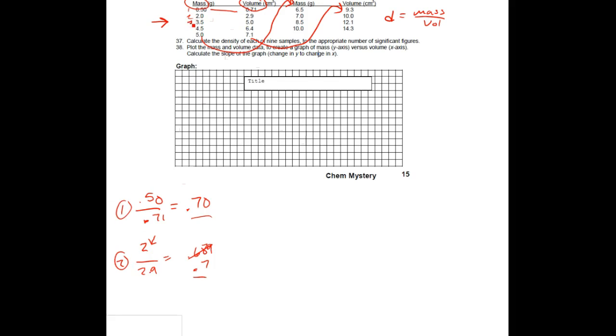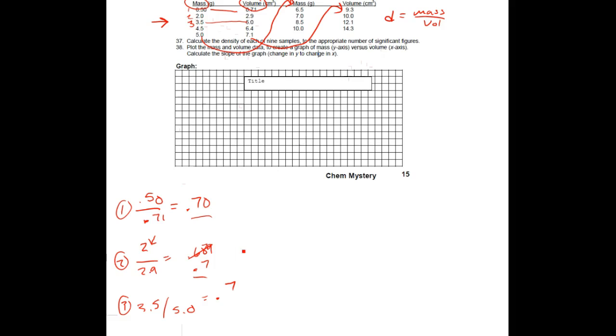Now let's look at this third one, which is 3.5 and 5.0. I take 3.5 divided by 5.0, I get 0.7 exactly. And I'm seeing a trend here. For all of these, the answer has been 0.7. That will continue on.